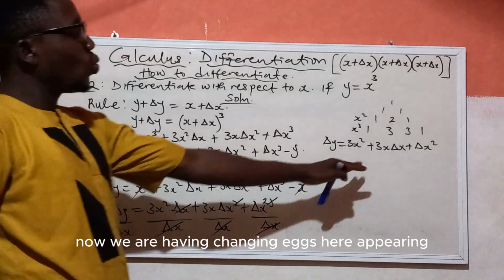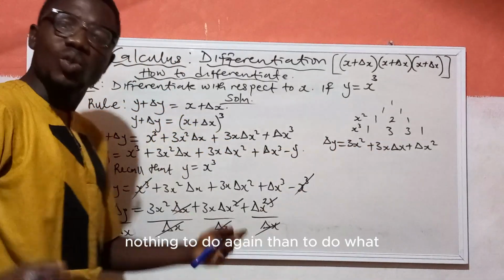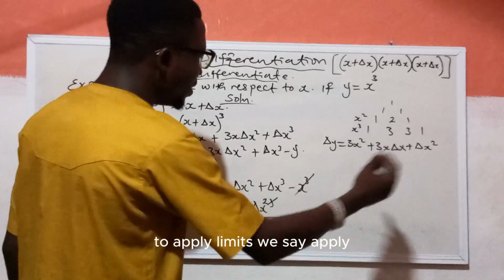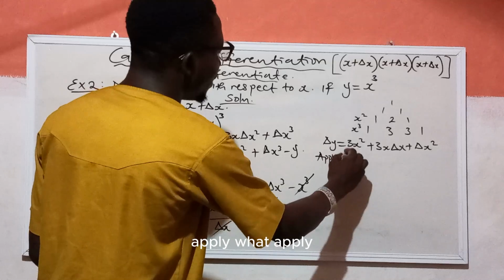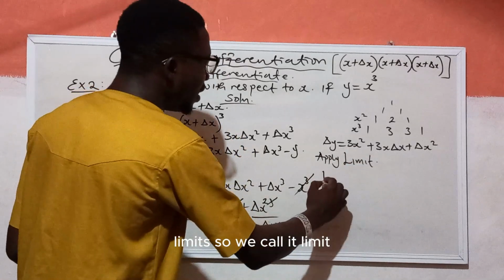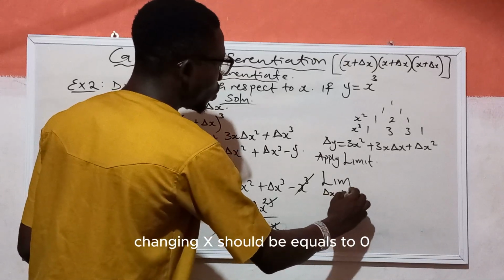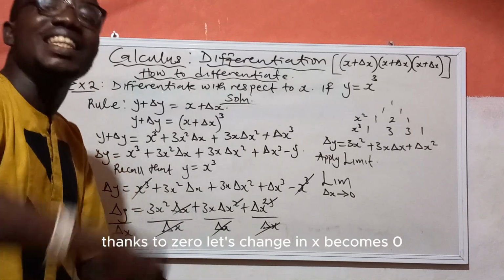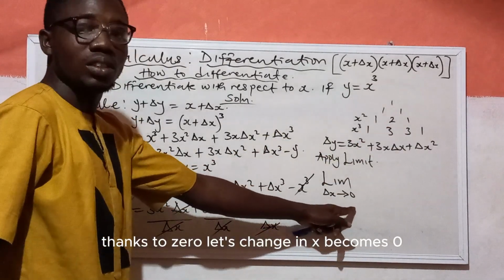Now we have change in x still appearing. Nothing to do again other than to apply limits. We say apply limits, so we'll write lim, change in x equals 0. That is, let change in x tend to 0.